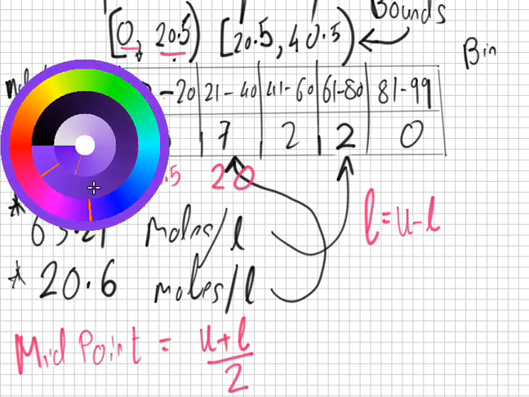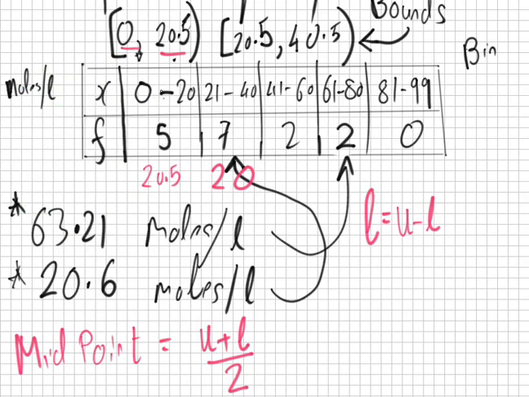So in a different colour here, the first one, what would that be? It'd be 10. Very good. And then this one, 40 plus 21. Oh, well, actually, no, it wouldn't be 10 for the first one. It'd be 10.25. Thank you. The lower plus the upper, 10.25. And then this one be 20.5 plus 40.5.